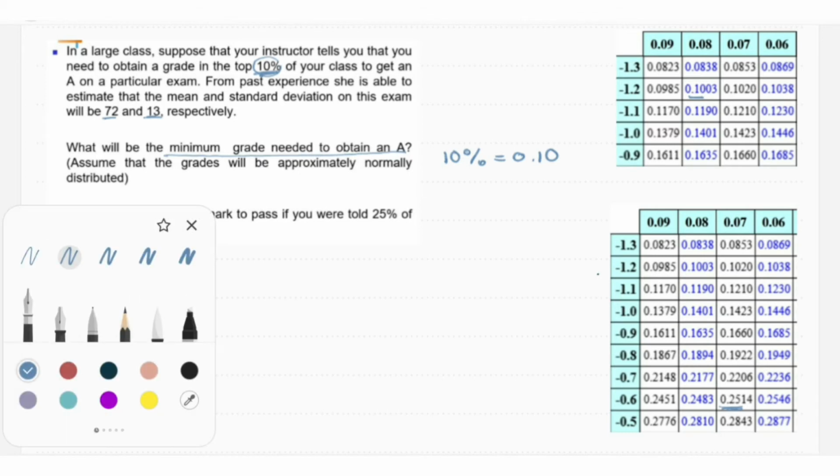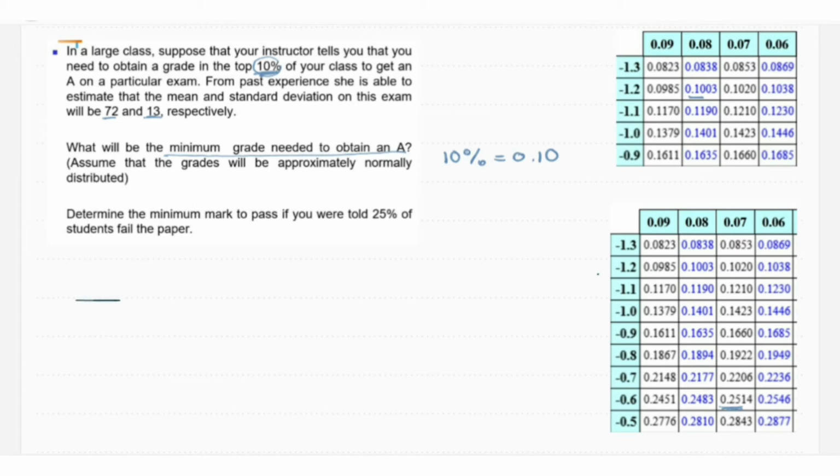So first I will sketch. Note that here the probability is 0.10, which is 10%. So we want to find the value here.